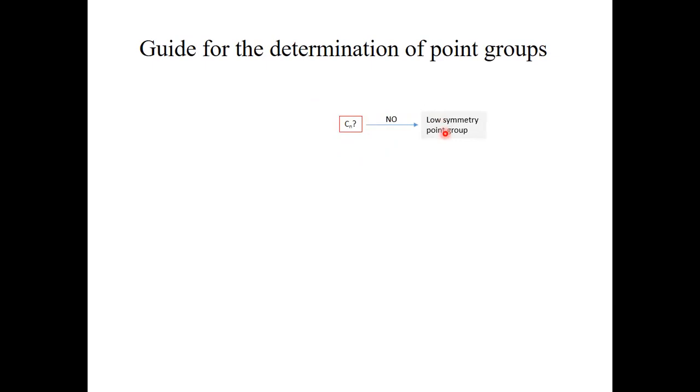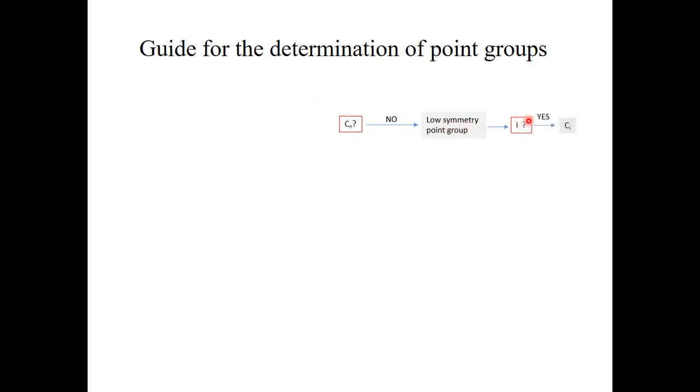Okay, so now if the answer to this question is no, and we know that our molecule belongs to a low symmetry point group, we'd like to know which low symmetry point group it is. So to determine that, we next ask, is there an inversion center?